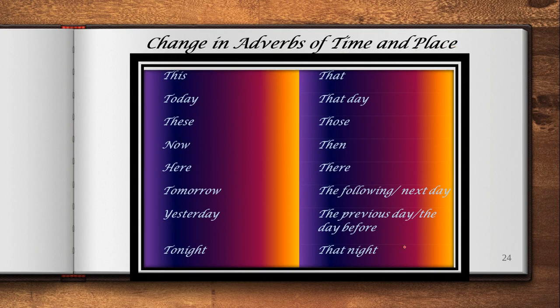If the direct speech has this, you have to change that: today, that day; these, those; now, then; here, there; tomorrow, the following day or the following week, it depends; yesterday, the previous day or the day before; ago becomes before; tonight becomes that night.